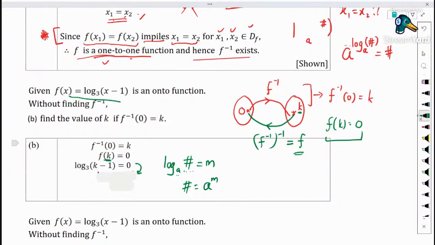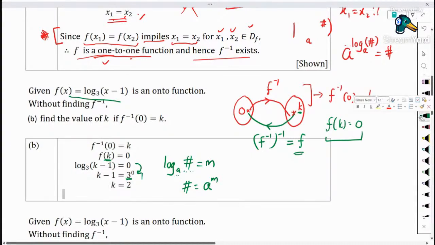So therefore, here I have k minus 1 equals 3 to the power of 0. And 3 to the power of 0 is actually equal to 1. So I have k equals 2. This is how I get my answer for the value of k.